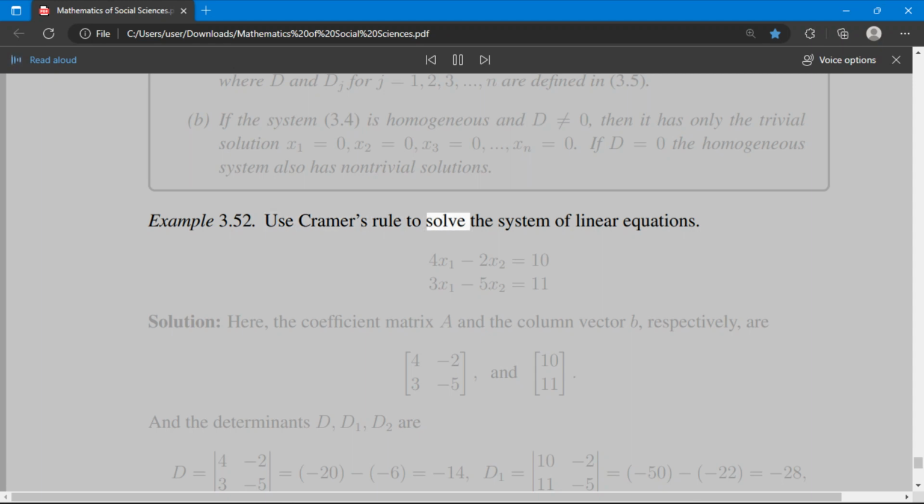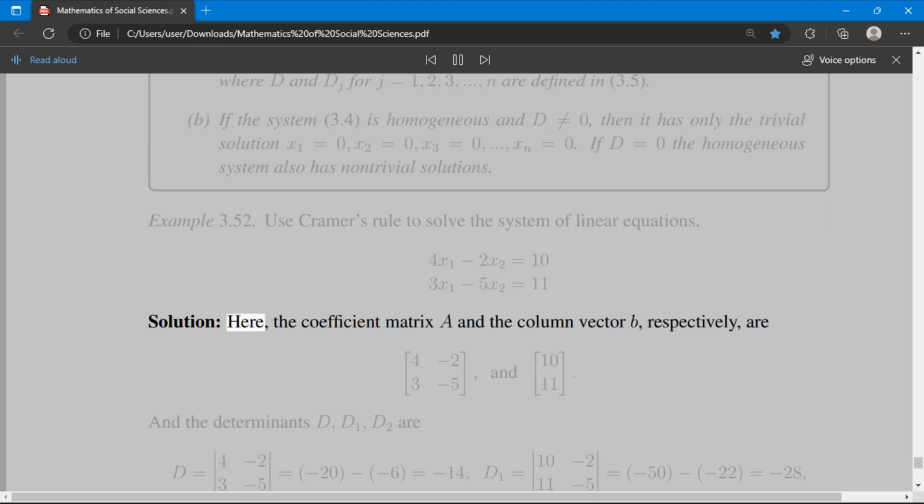Example 3.52. Use Cramer's rule to solve the system of linear equations: 4x1 + 2x2 = 10, 3x1 + 5x2 = 11. Solution.